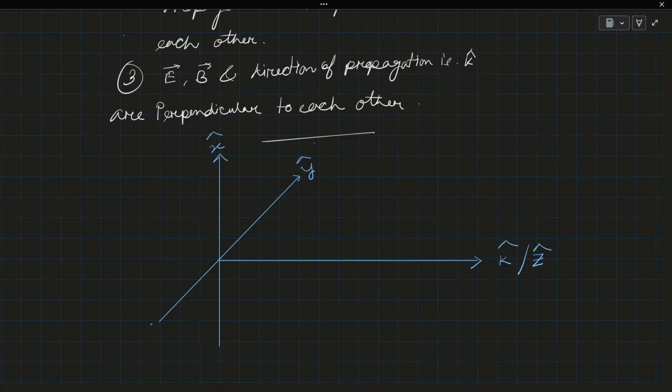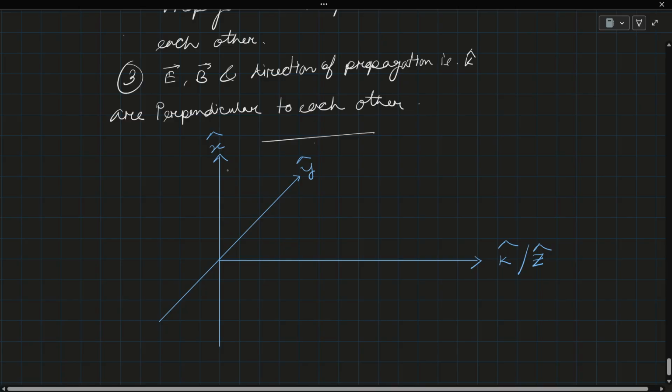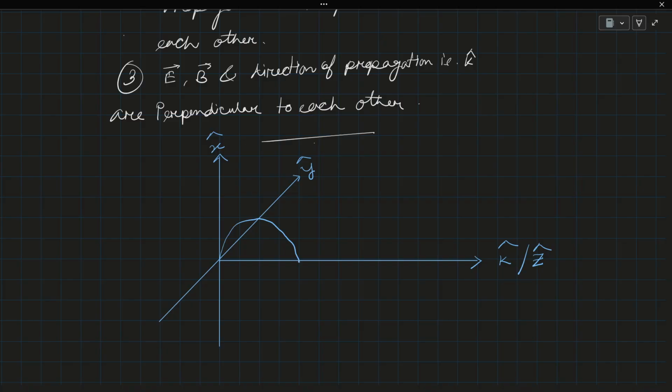Since the wave is moving in this direction, the electric field must be perpendicular to the direction of propagation, right? So the electric field is oscillating in this direction.